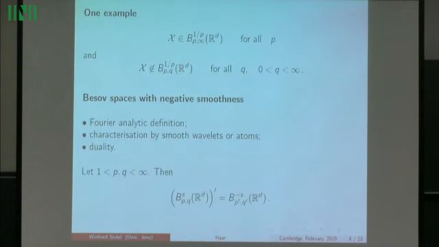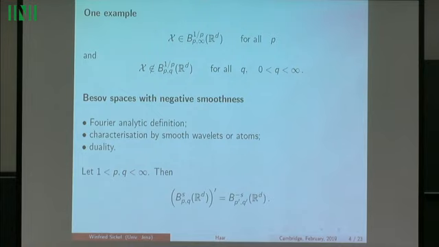One example, this is easy to calculate, and my PhD students, at least most of them, at the beginning when they were forced to deal with Besov spaces, had to do this little calculation by themselves. You take the characteristic function and try to figure out to which spaces these functions belong, and then you will see it belongs to the Besov space with smoothness s equals 1/p, integrability p, and fine index q equal infinity, and this is true for all p.